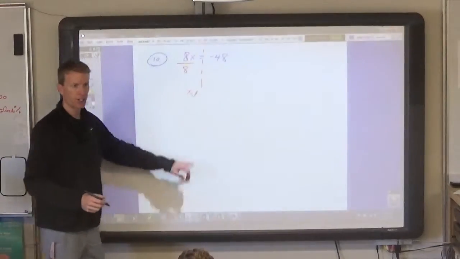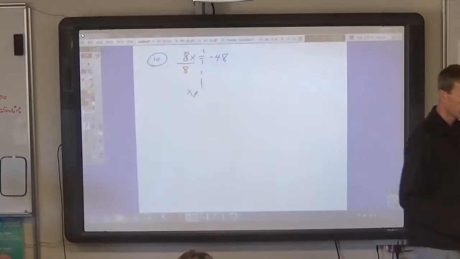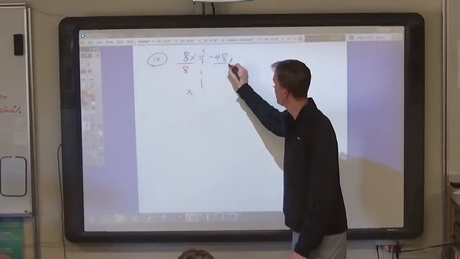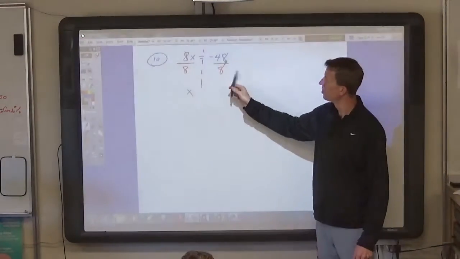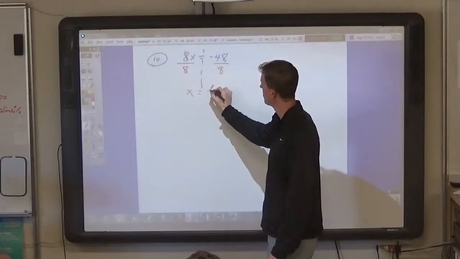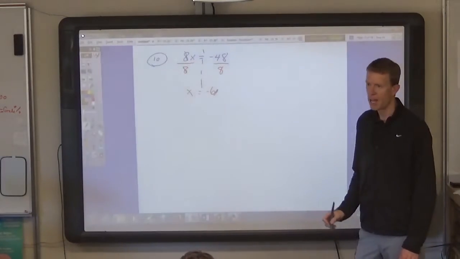Then if you have 1x, you have the variable by itself. Okay? Then divide the other side by 8 and solve it. Negative 48 divided by 8 is negative 6. And then check it.